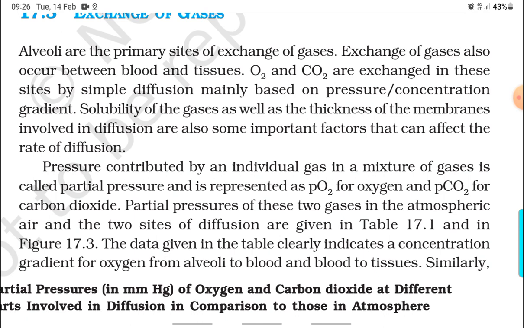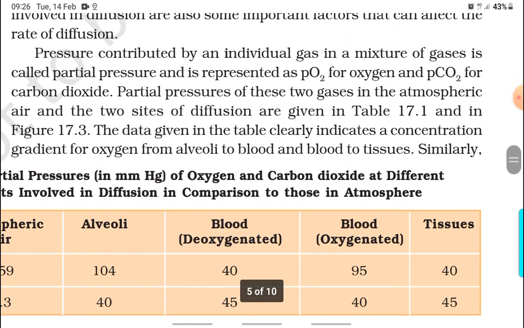Pressure contributed by an individual gas in a mixture of gases is called partial pressure and is represented as pO2 for oxygen and pCO2 for carbon dioxide. Partial pressures of these two gases in the atmospheric air and the two sites of diffusion are given in the table and in the figure.